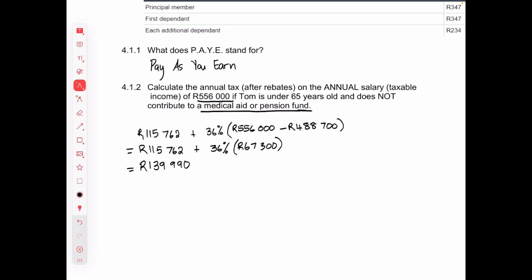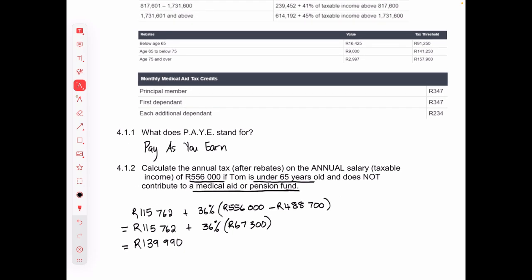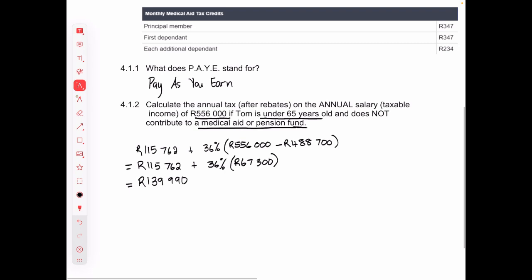Okay, then because they've mentioned his age and he's under 65, you will then go back and you will subtract the rebate, which is 16,425. So 139,990.